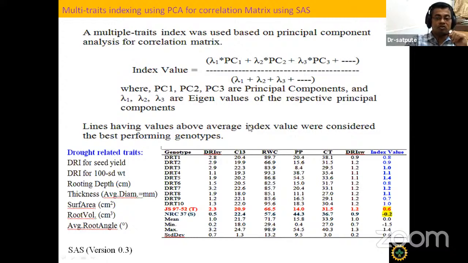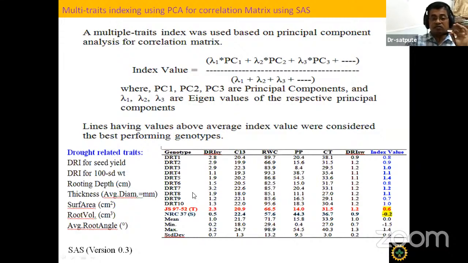So the line having more than this average value will be the best performing genotype. For example, and this is just arbitrary data I have used, there are a large number of traits, like drought related traits, where the drought resistance index for seed is the first column.